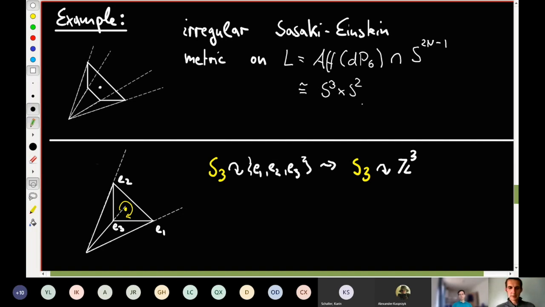And at the time when this was discovered by Gauntlett, Martelli, Sparks, and Waldram, this was a very surprising result because it was conjectured before that irregular Sasaki-Einstein metrics do not exist.